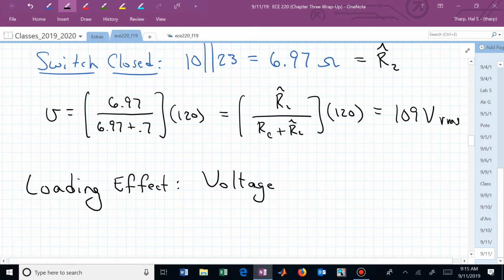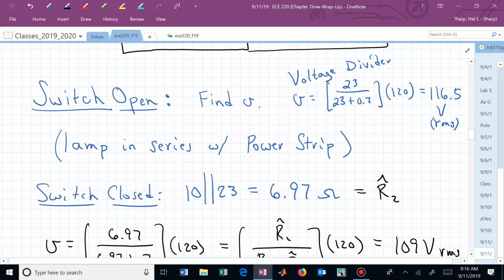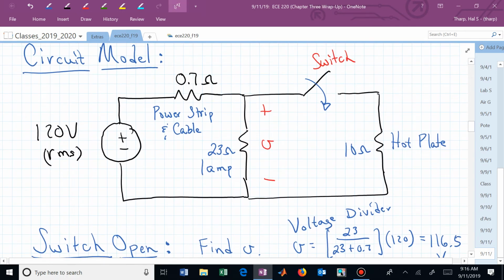The voltage decreases across the loads. And we could think of that another way: the hot plate is now pulling current off of the circuit.